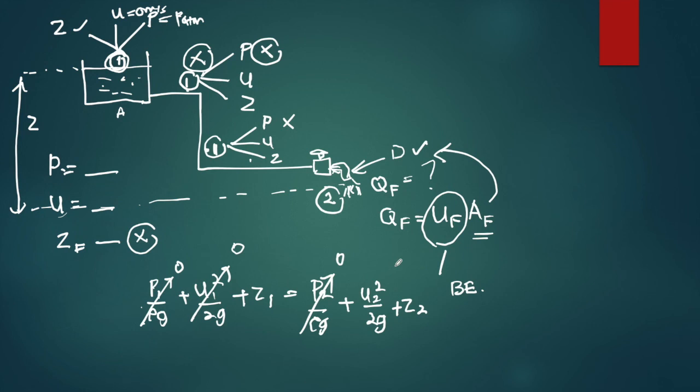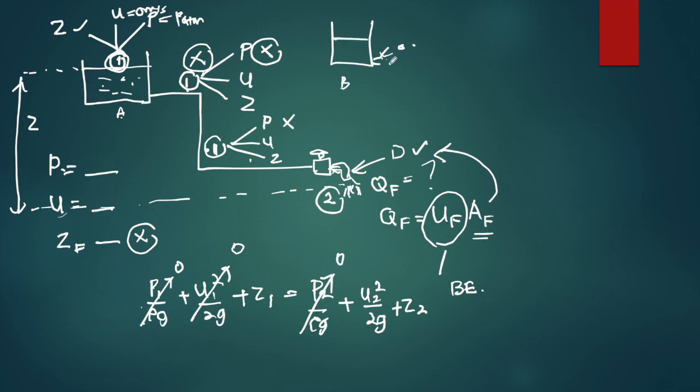You must remember that the points you select must be in one streamline. So if you have another streamline here, we have tank A and tank B, with an orifice.